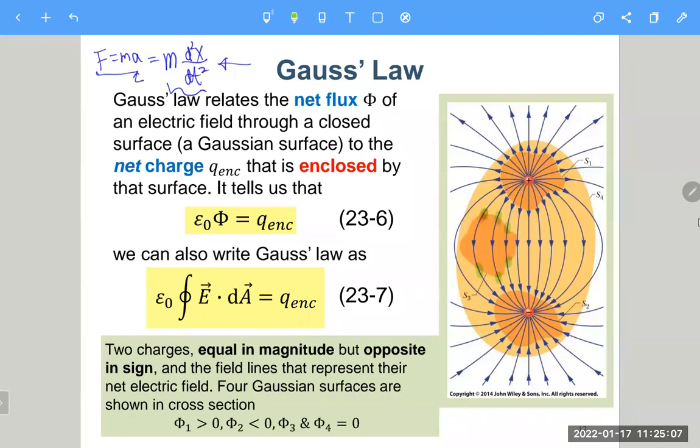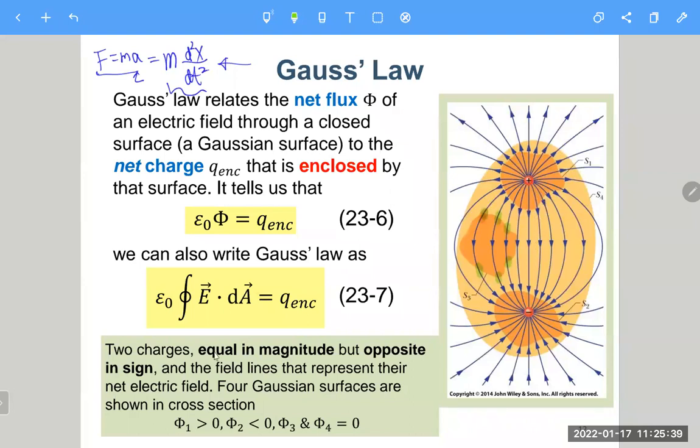And for the last case, S4, which is the largest one, like an egg. So this one encloses both positive charge and negative charge. And so the Q enclosed for S4 should be this one added with this one. The charge is only a scalar, so you just add them together algebraically.